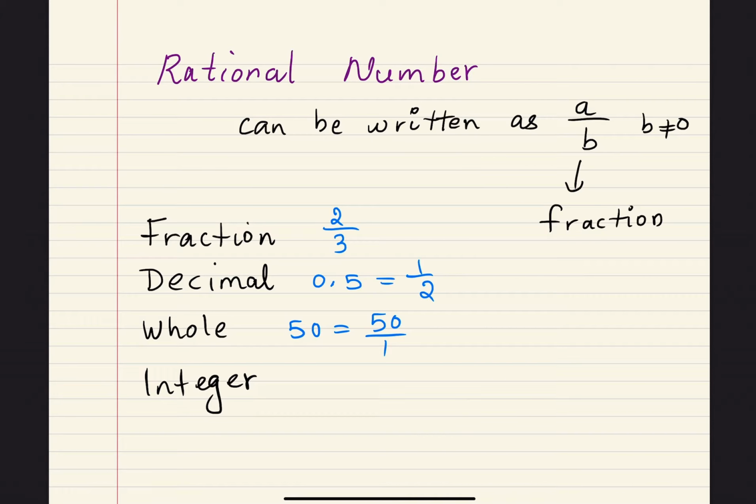So it became a fraction. So whatever comes in whole numbers is also a rational number. Then integers. Let's see negative integers. For example, negative 3. We can write this as negative 3 over 1. So this is again a fraction. So we can say it is a rational number.